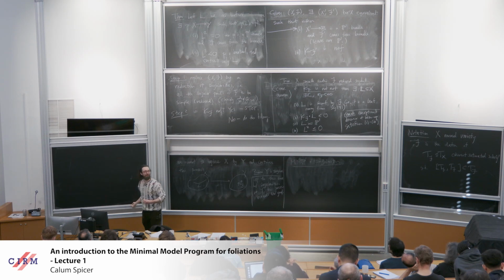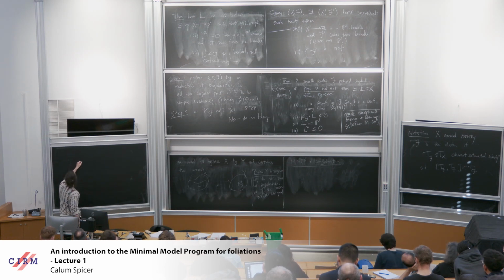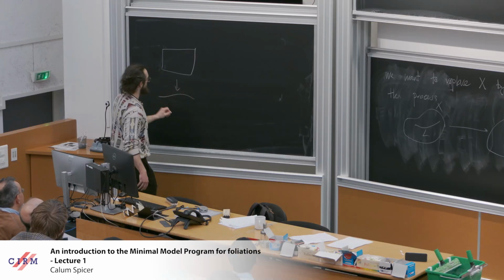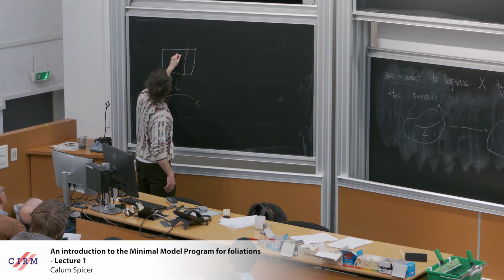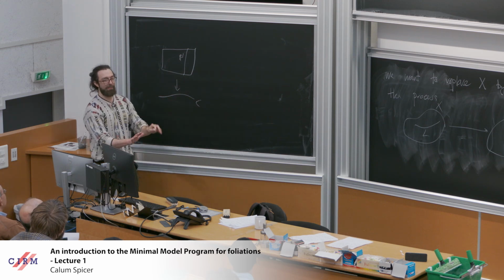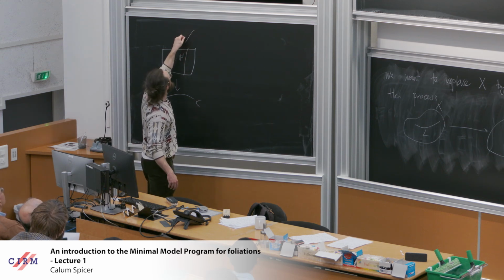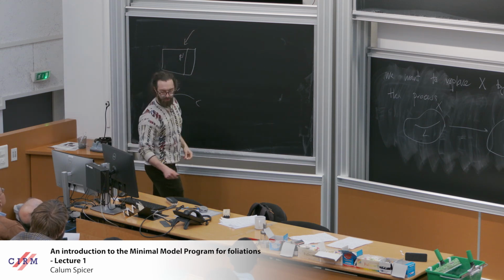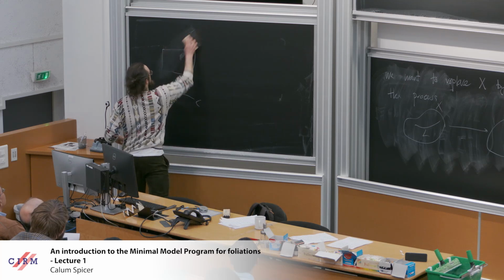Let's do a concrete example together because this will be useful. So let's say I start off with a P1 bundle over a curve C. Here's a P1 just given to me, and then I blow up a point on it. Let me start a bit lower.